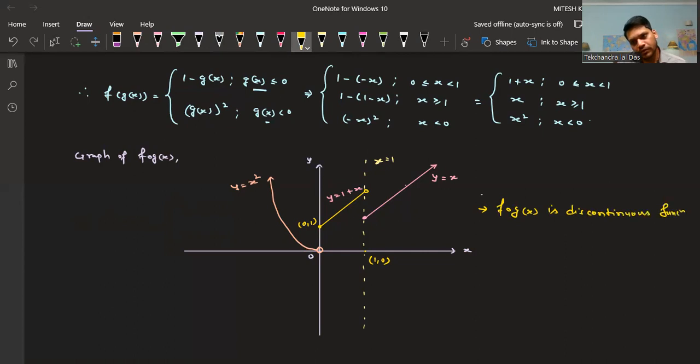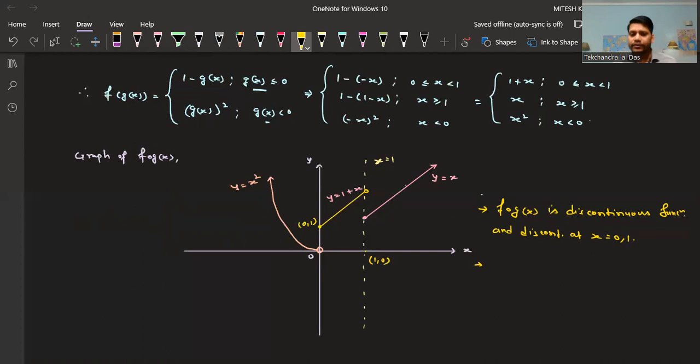Discontinuous at which points? Clearly x equal to 0 and x equal to 1. Done.